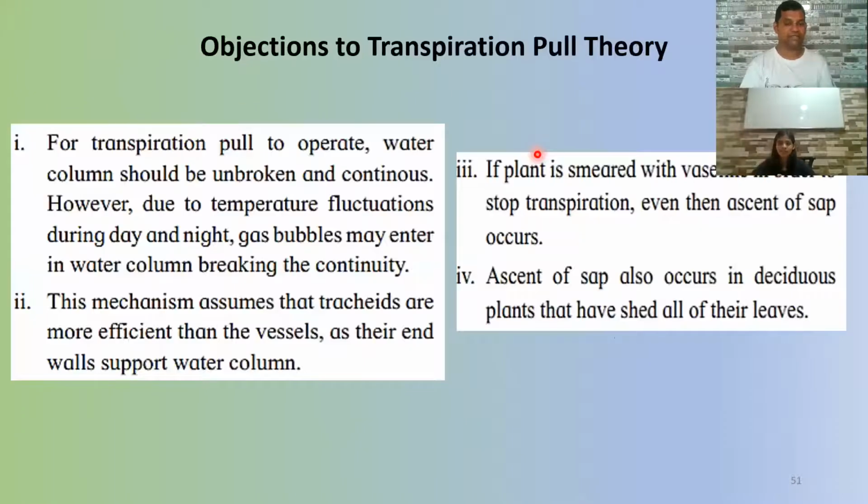Cohesion tension theory was given by Dixon and Jolly in 1894. Okay, now this transpiration pull theory that we just discussed has objections too. The first requirement for the transpiration pull is that the water column should be unbroken and continuous, from the root to the whole mesophyll, and it must be maintained.